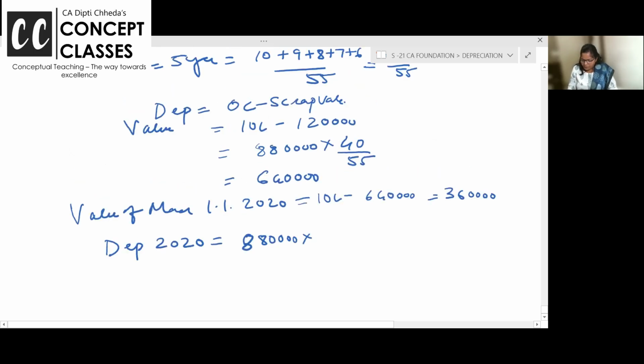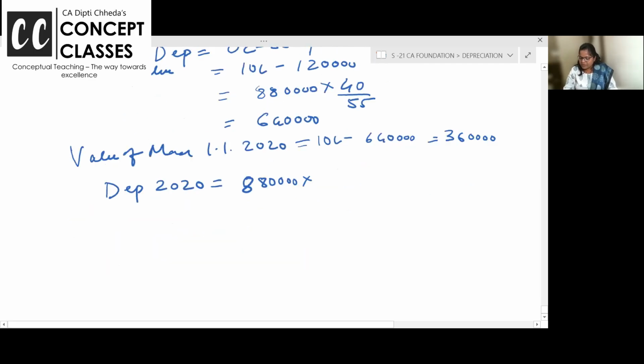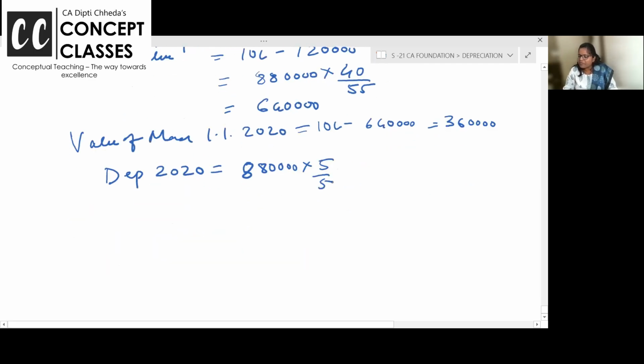And now, how many years are already over? Till 6 it is over. So now I can do 5 by 55, then 4 by 55, then 3 and so on. 8,80,000 you have to depreciate into 5 divided by 55. So current year's depreciation is 80,000.